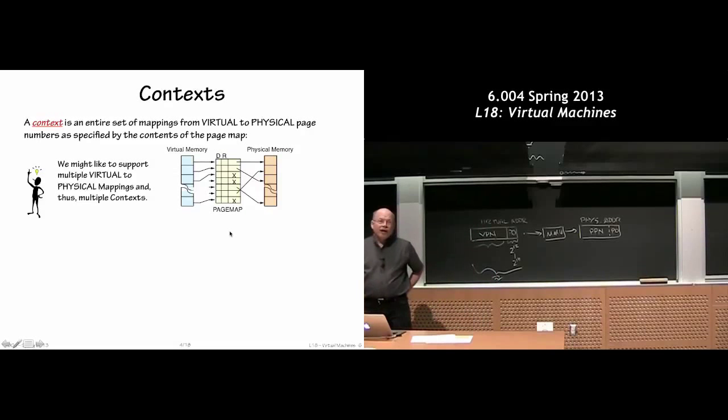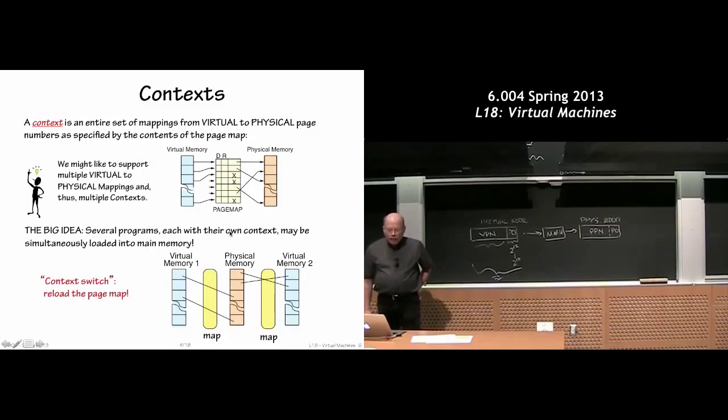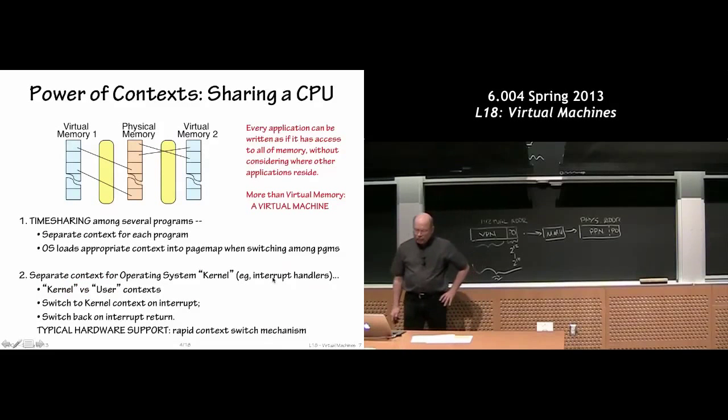And the virtual addresses you're not using, we can just leave off on disk somewhere. And so if we wanted to switch from one virtual memory to another, we really just have to switch the page map. And we've talked about that last time.